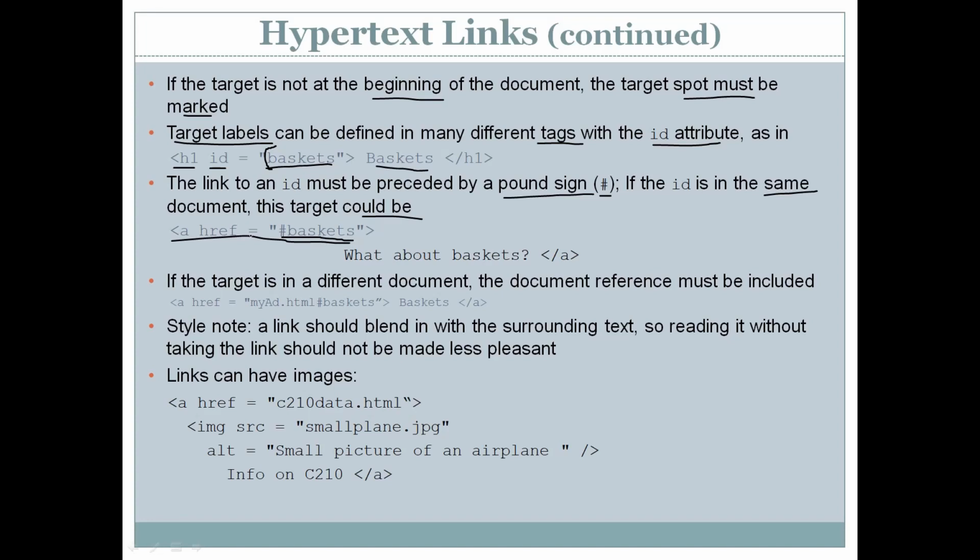So that simply means the source is not a completely new document. The source is available in the same document, and what is the location of it? The location is hash basket. How to mark the location? By using an ID attribute.